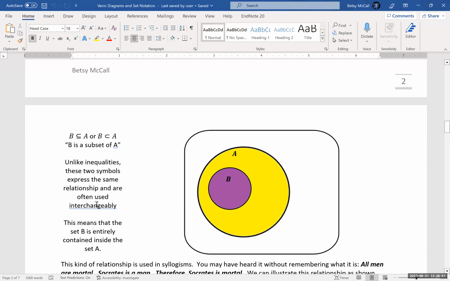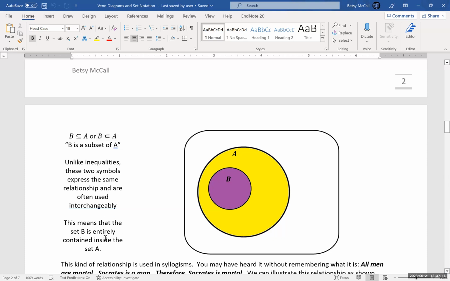But a subset relation is that all the elements in B are contained in the set A, which is another reason why they don't necessarily make that distinction between a proper subset versus just a subset generally.